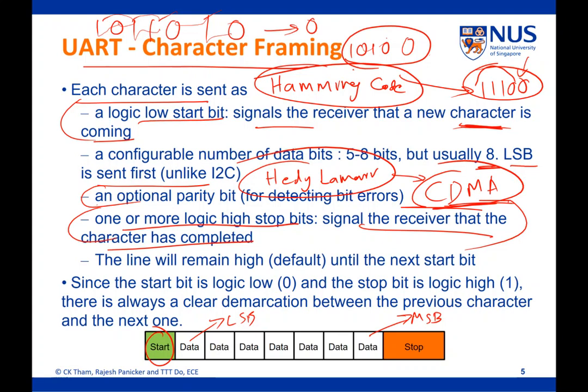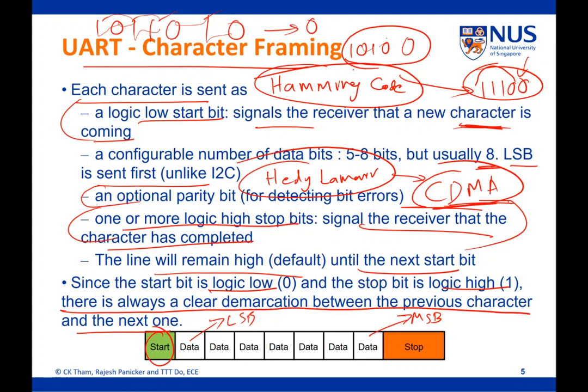Most systems use only one stop bit, but there could be systems with more stop bits. Right? So the stop bit is a logic 1. Now, the line will remain high until the next start bit. So since the start bit is a logic low and stop bit is a logic high, there is always a clear demarcation between the previous character and the next one.